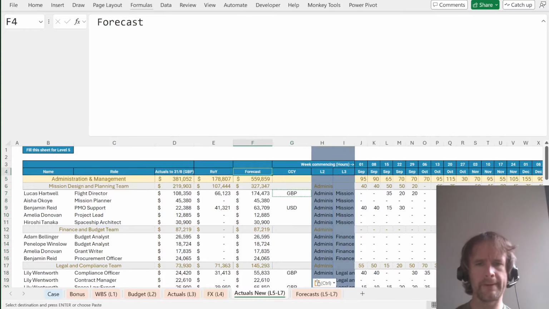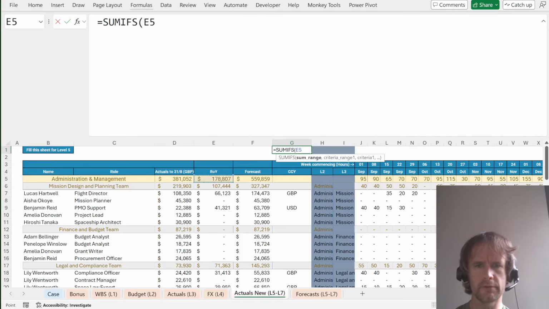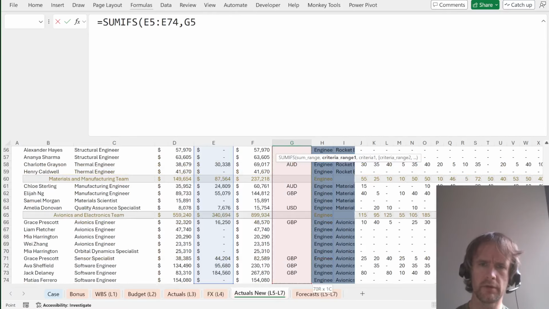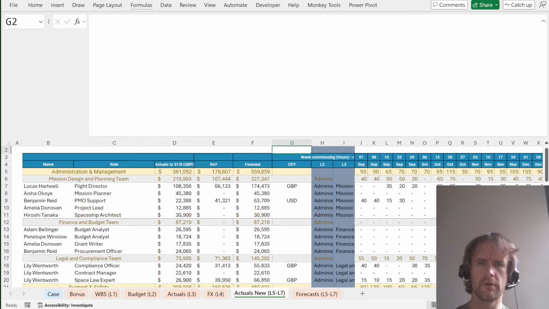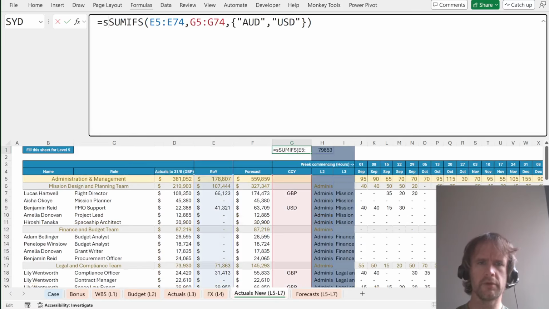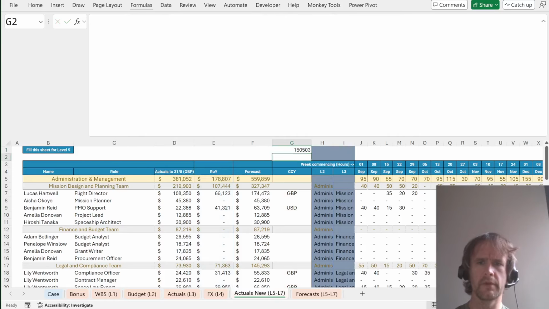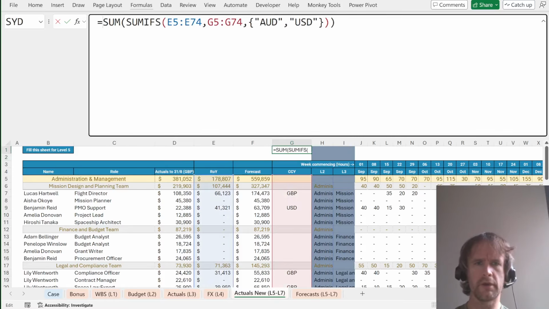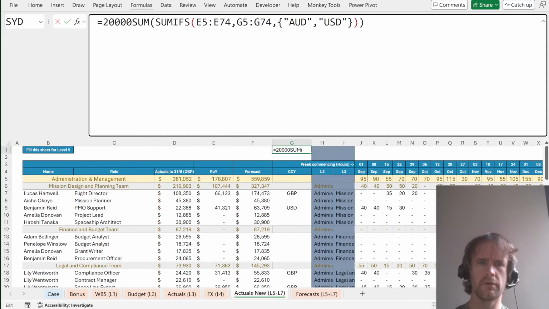Okay. So then I just want sumifs of this, where this is AUD or USD, and sum those. And I want to reduce by 20,000.